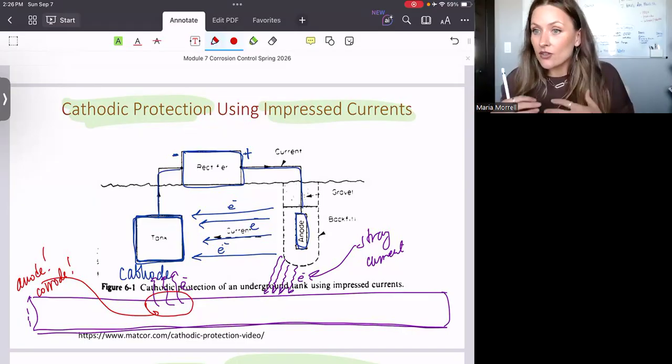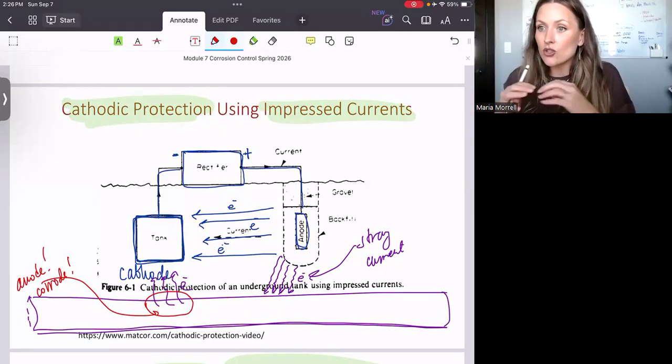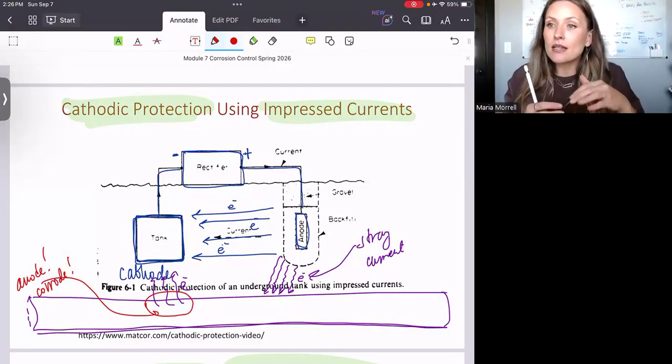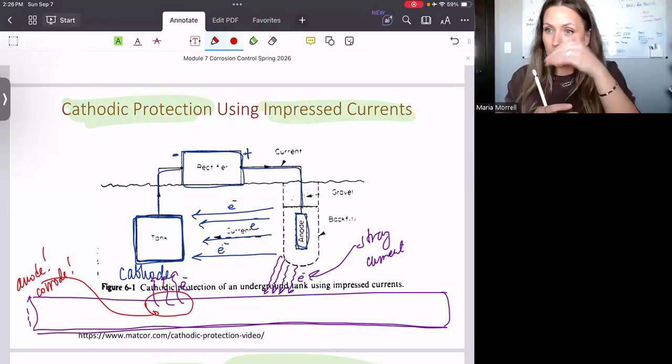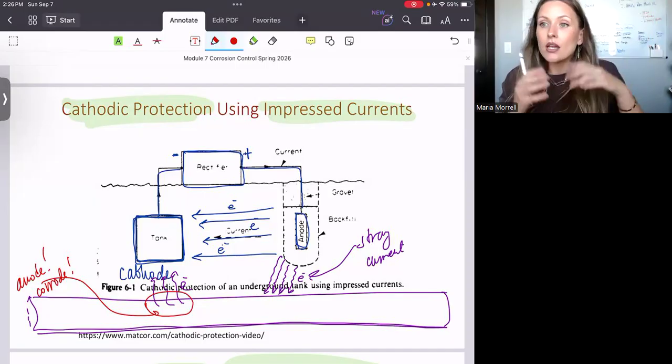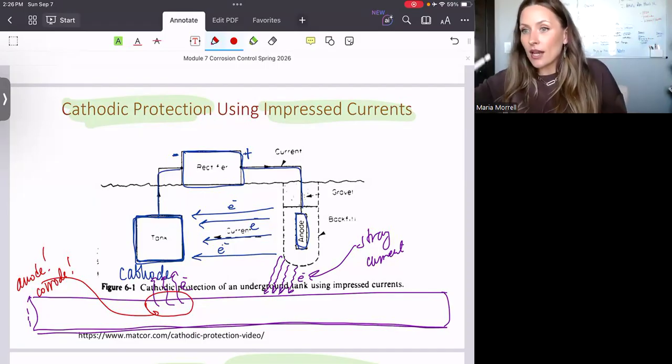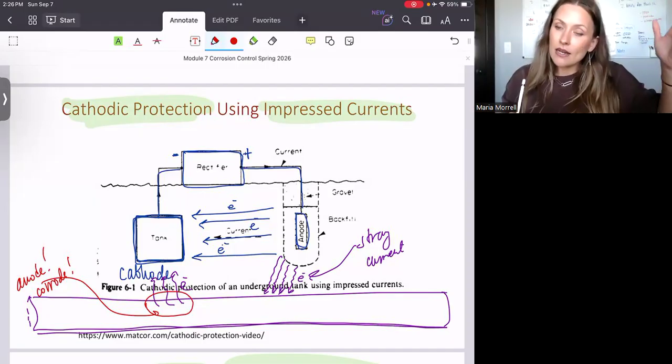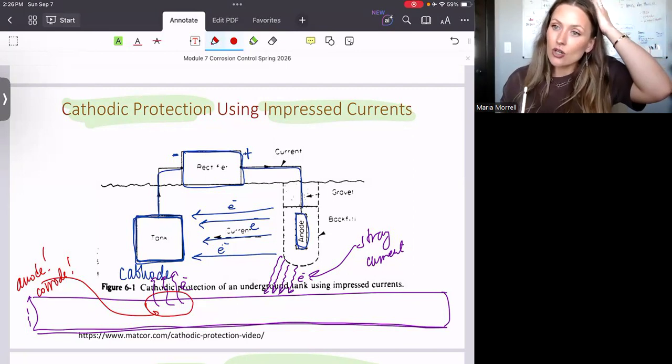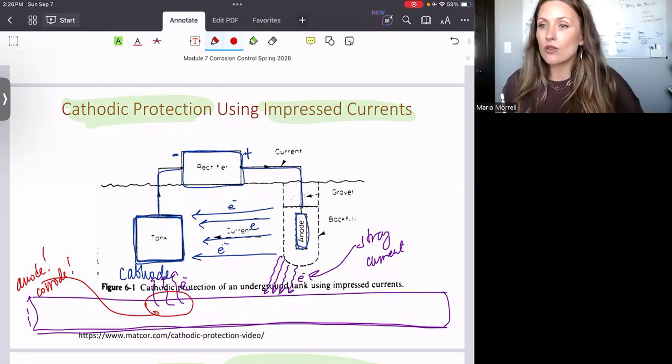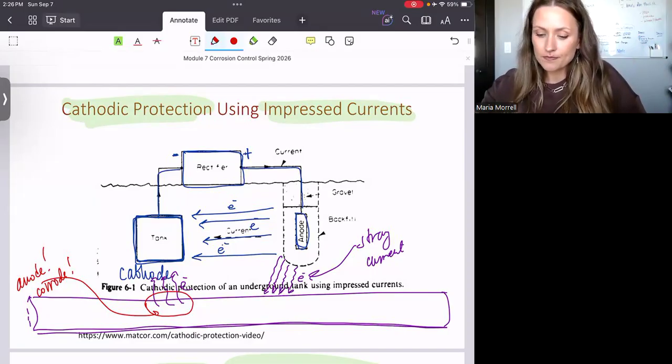And if it can enter a certain structure, and that structure will conduct it, the problem is that the area where the current leaves the structure is going to be your anode. Where it enters is going to be cathodic, where it leaves, it's going to be anodic. And that means that structure is going to be compromised due to corrosion by the impressed current.